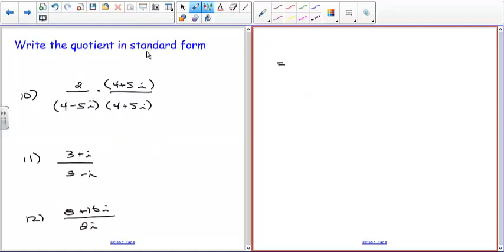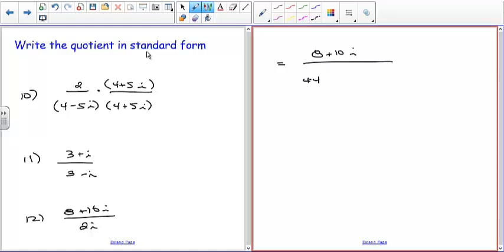So what'll happen here is you'll have 2 times this imaginary. So you multiply 2 times each term, and you get 8 plus 10i. Now the denominator, you're going to have 4 times 4. The inner and outer are going to cancel out.